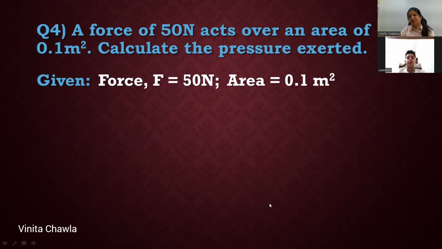50 by 0.1. 0.1 we can write as 1 by 10, and multiply by 10. What is the final answer? 50 by 1 multiply by 10.